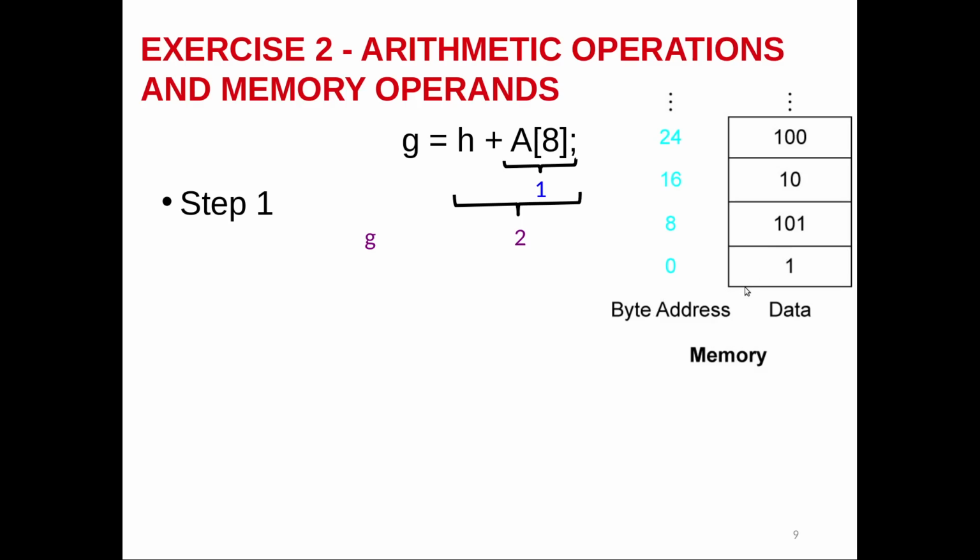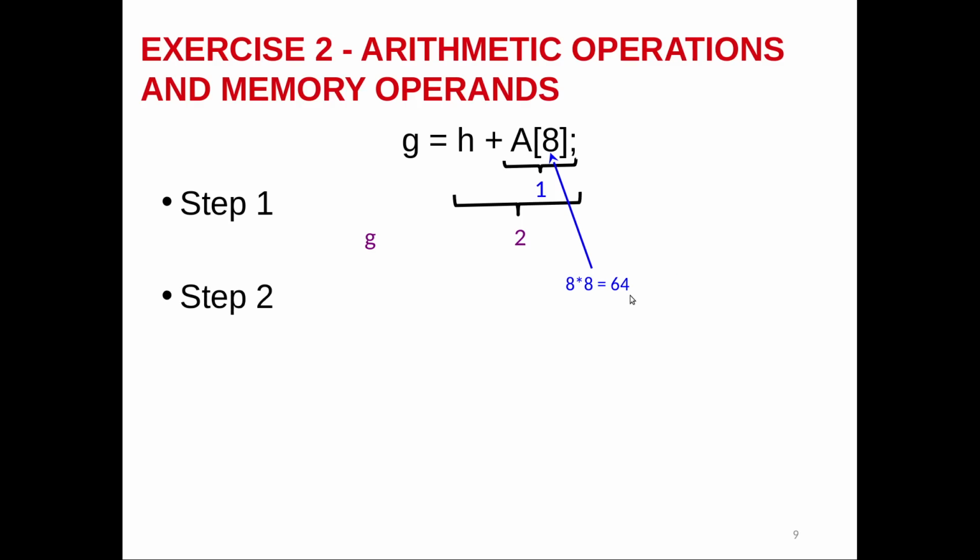So the offset of the first data will be number 0. The second data will be stored at number 8 because the first data has 8 bytes. Similarly, the third data will be stored at number 16. And so the offset for the 8th element in our memory will be 8 times 8, equal to 64. So the offset address of this data will be 64.